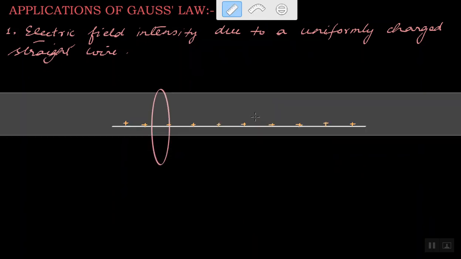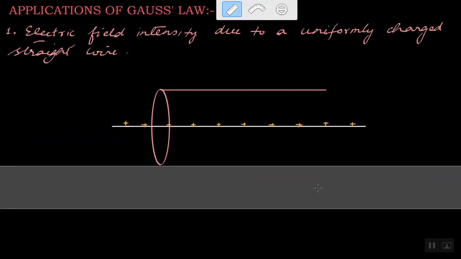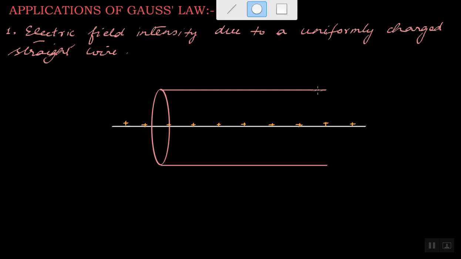Let me draw this line from here. And another. Okay, then I complete this part. Right, so let me take this to be the surface which is inside. Okay, so that's our cylindrical Gaussian surface.